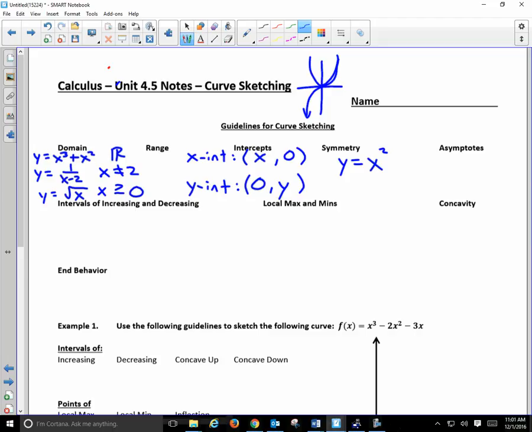Asymptotes, super important. Let's say you have 2x plus 1 over x minus 3. Do you know what the vertical asymptote is going to be? Where is it undefined? The horizontal asymptote is going to be based off of what we covered yesterday.